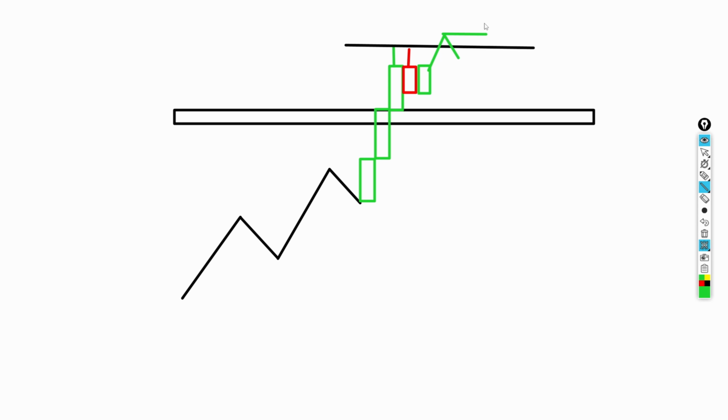Let me explain one more concept here. Like I have drawn this red candle. Sometimes you will find that the price after the breakout also moves like this, and after the second candle you get this particular red candle with some wick, or let me just draw it like this.